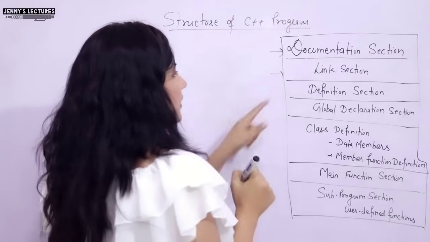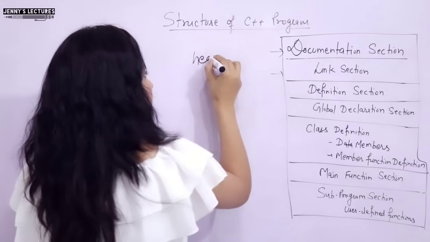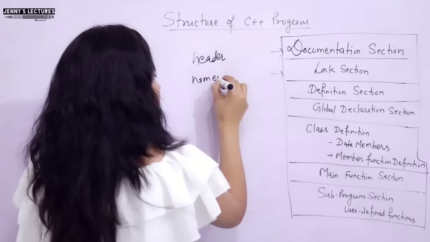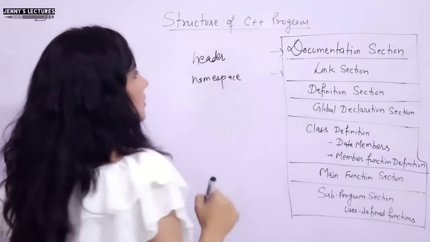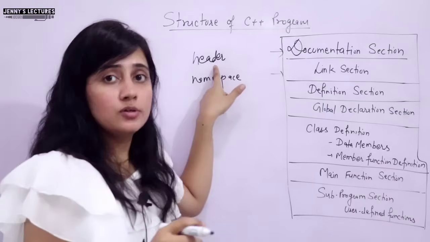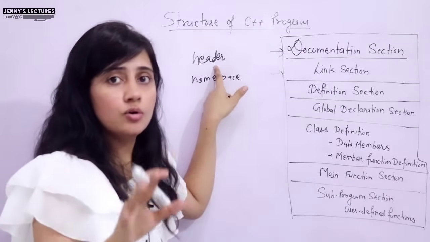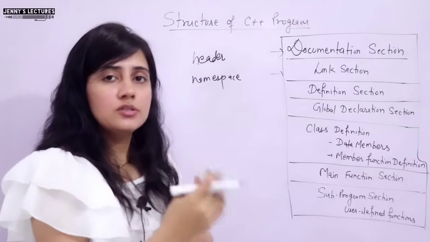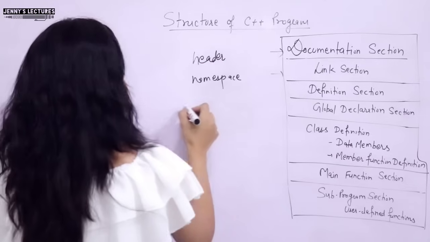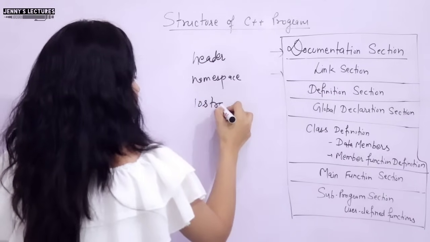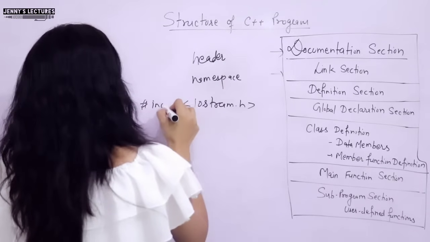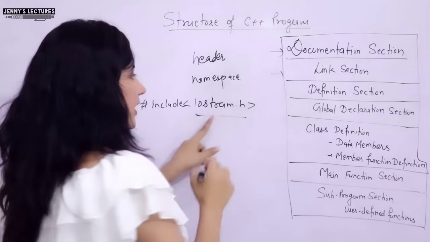Here we have 2 parts in a C++ program, header and namespace. Generally in C, like we know, we have the header file, hash include stdio.h. Here also, in previous versions of C++ we used to include iostream.h, with hash include, and we call it a header file.